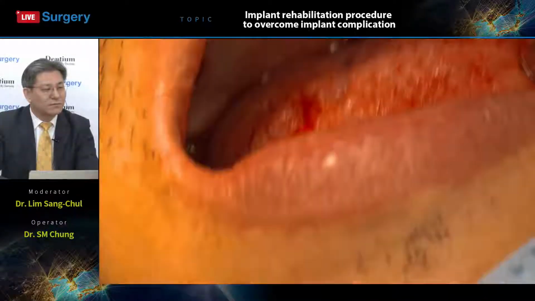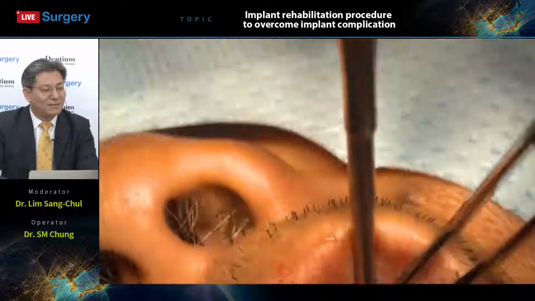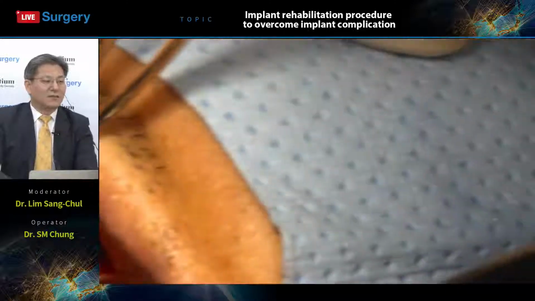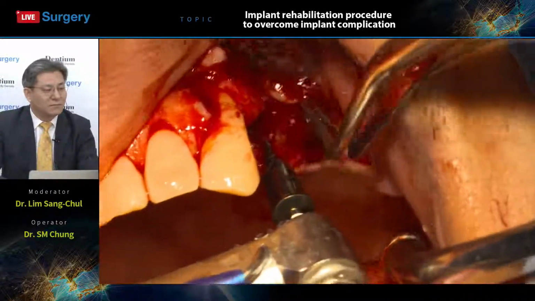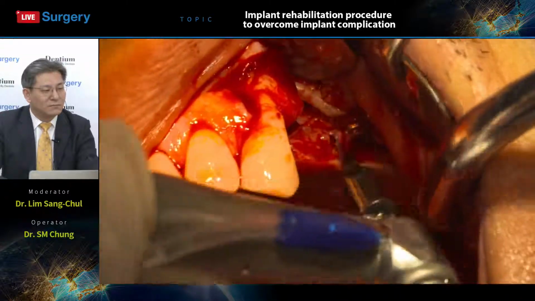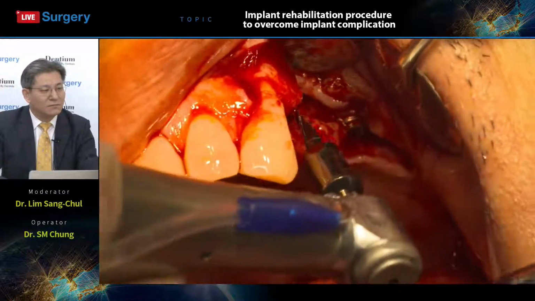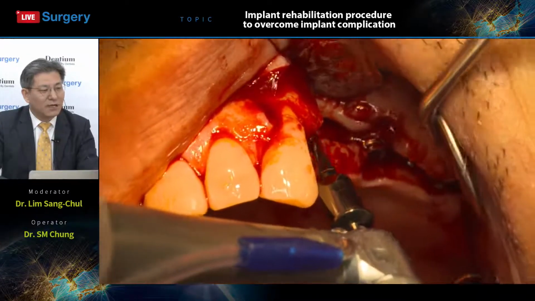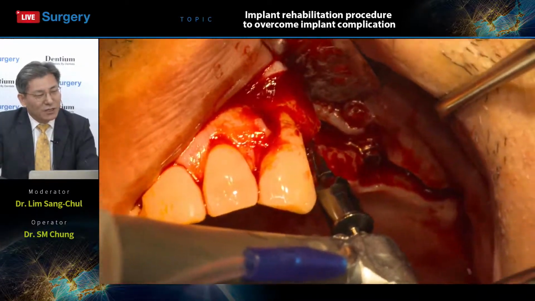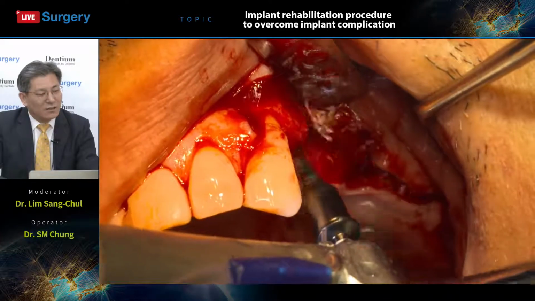Okay, so for the very narrow diameter implant, I'll do a little bit of repositioning with the surgical stent, and on this side with a very narrow one. Narrow diameter, narrow ridge.